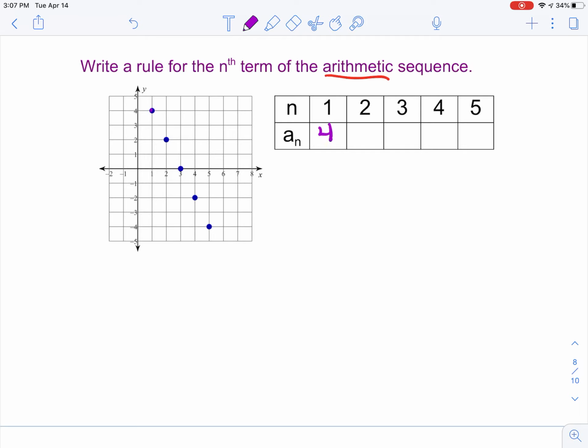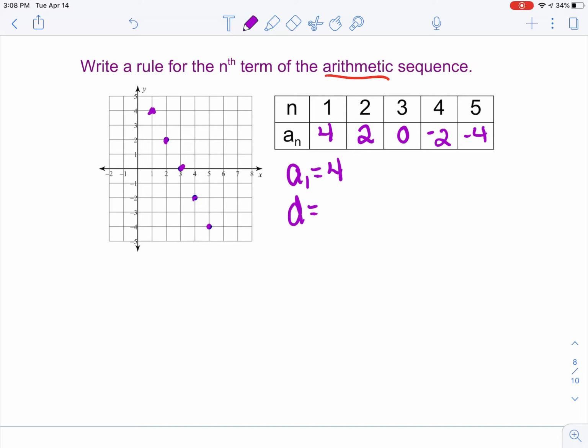So n is 1, so that value is 4 right there, 1, 4. I have 2, 2, 3, 0, 4, negative 2, and 5 is negative 4. So what is my first term? My first term is 4.